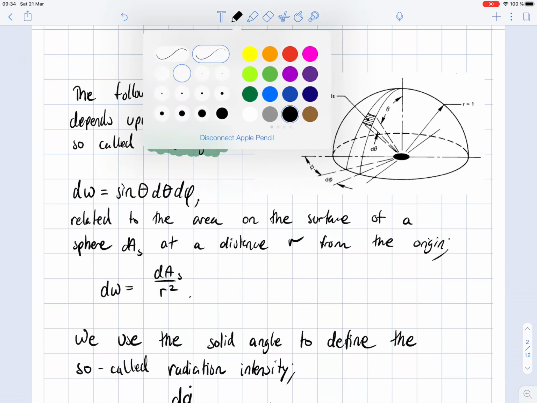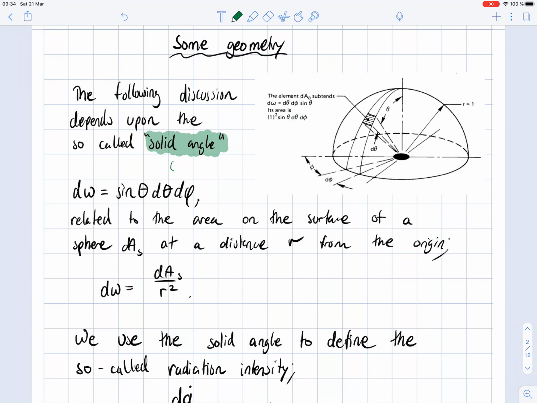Solid angle is called romvinkel in Norwegian. And the solid angle, we will use the symbol d omega, is defined as sine theta d theta d phi.